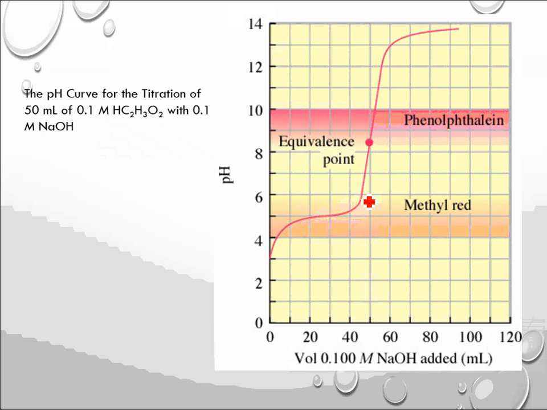You wouldn't actually be catching the equivalence point at all with methyl red's color change. This is why it's important that you choose your indicator based on your desired pH, in this case the equivalence point of about 8.5, versus the pKa of your indicator.